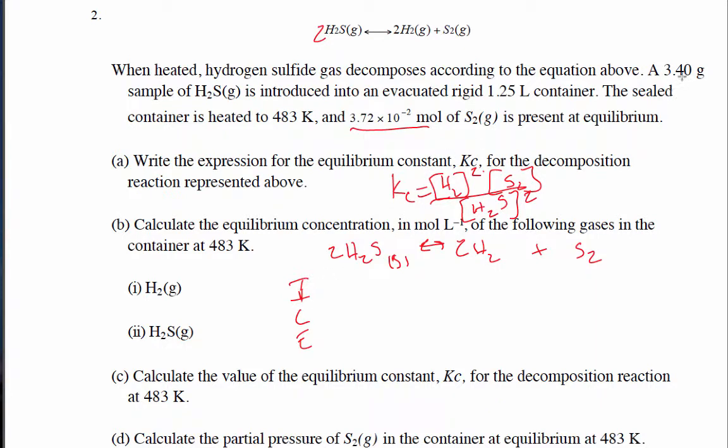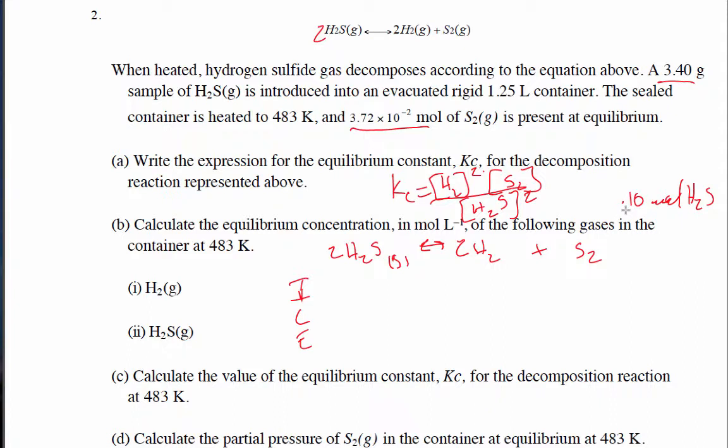Now, it tells me that I have 3.40 grams of hydrogen sulfide. When I take that and divide it by the molar mass, I'm going to end up with 0.10 moles.